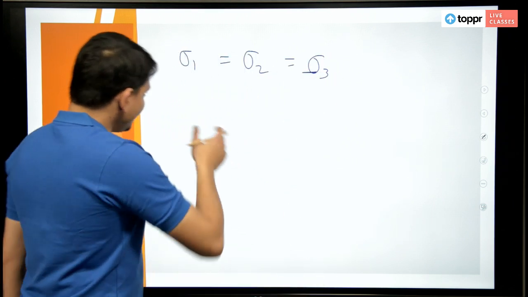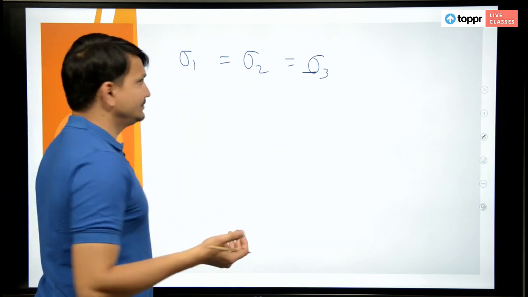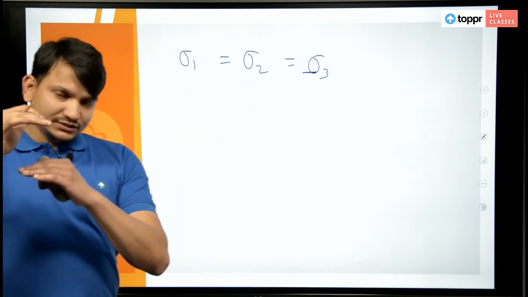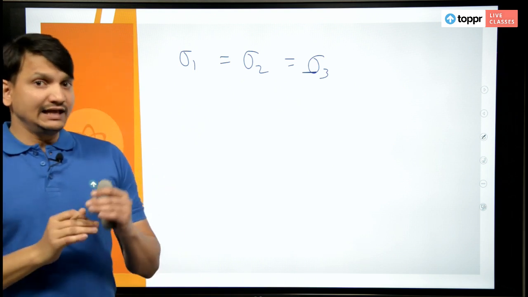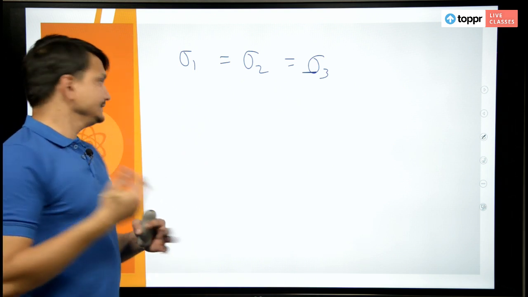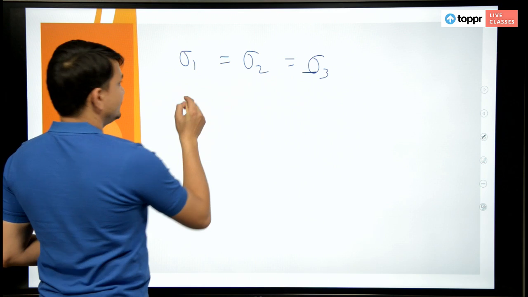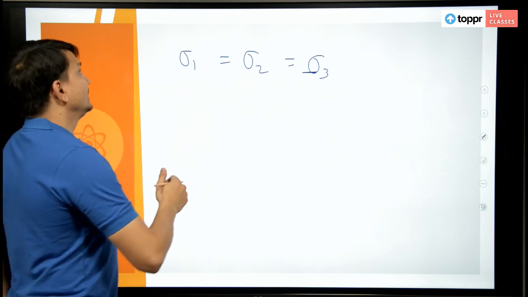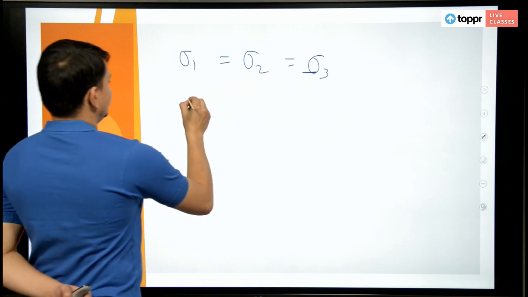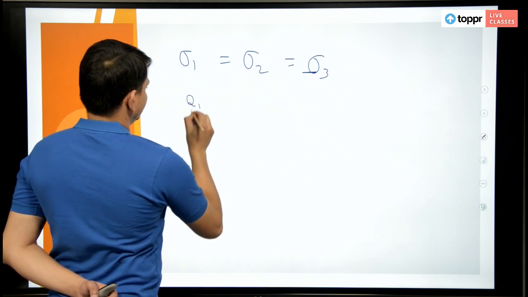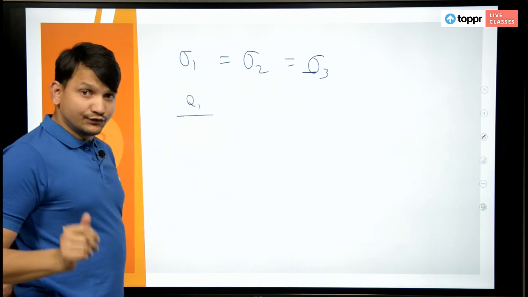If all charge densities are equal, that means the total charge on the outer surface divided by the total area is equal for all three. For the innermost shell, the total charge is Q1 divided by 4 pi r square.